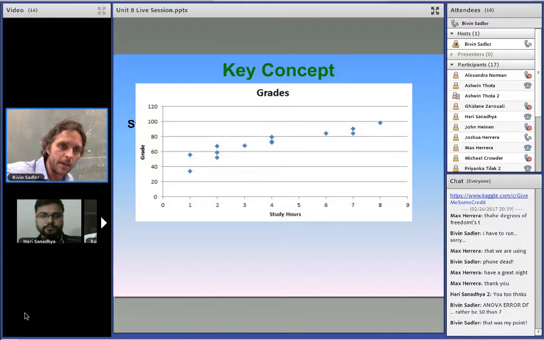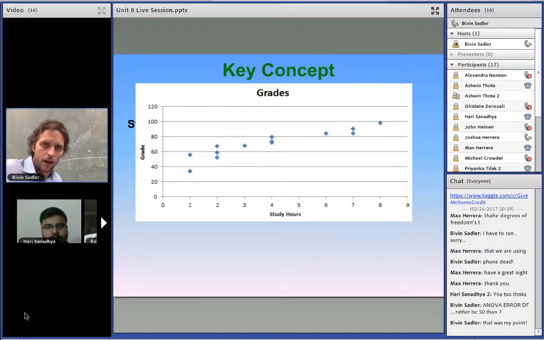Awesome. So, key concept: study hours and grades. Here's the plot of something we probably know very well, study hours versus grades. It looks like as study hours increase, as we might expect, for these 13 individuals, the evidence suggests that grades are increasing.